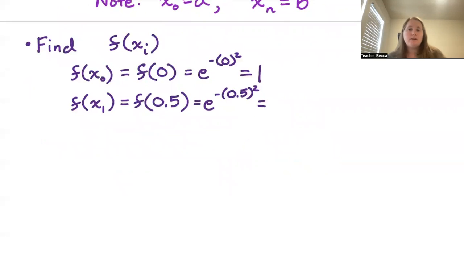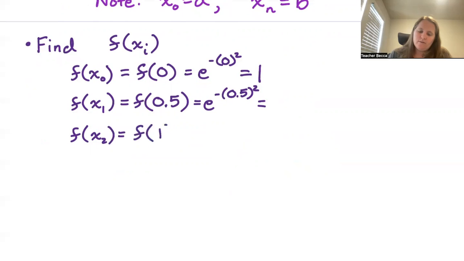I'll come back and fill in the actual values in just a moment. f of x2 is f of 1, or e to the negative 1 squared, otherwise known as 1 over e.